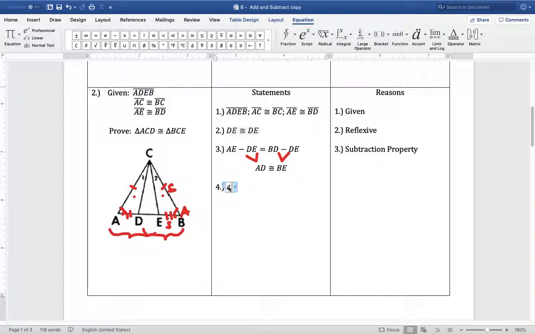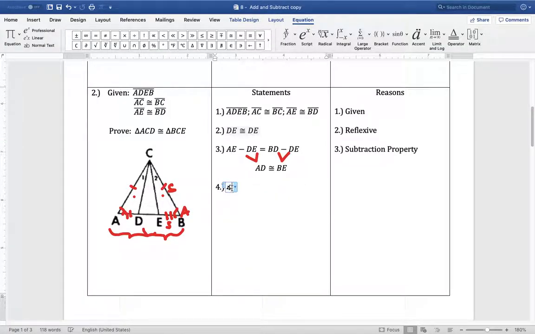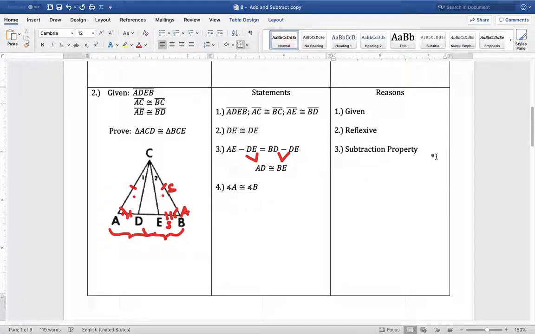Angle A is congruent to angle B. And this is because of the isosceles triangle theorem.